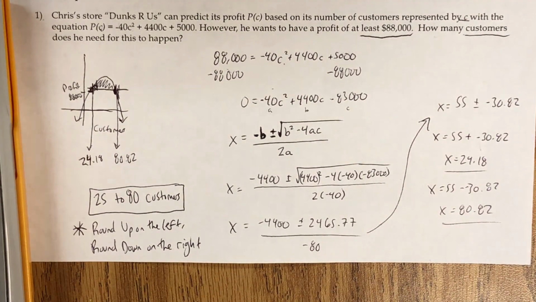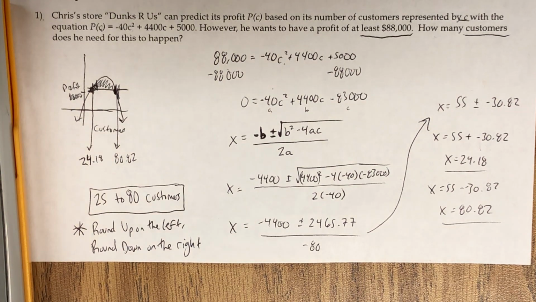So let's talk through what we did here. The question was having us figure out how many customers we need to have at least 88,000. If we think about this in terms of a downward parabola, there are going to be these two values that give us exactly 88,000. So we need to figure out that range.